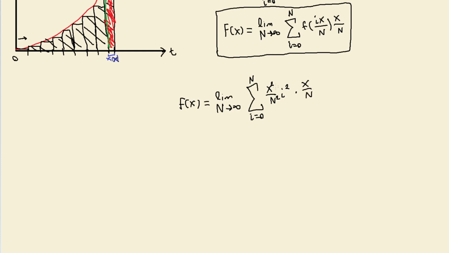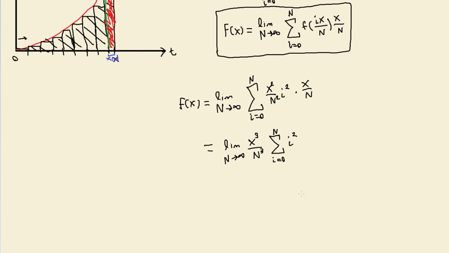And we could pull these x over n's out of this sum because they're being multiplied over the entire sum. And so this is exactly the same thing as the limit as n approaches infinity of x cubed over n cubed, the sum from i equals 0 to n of i squared.